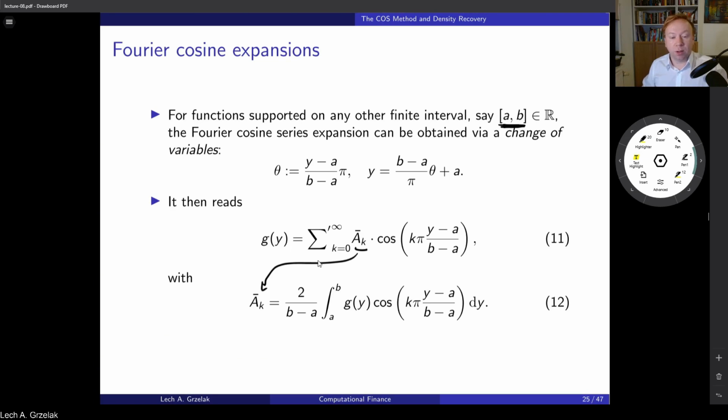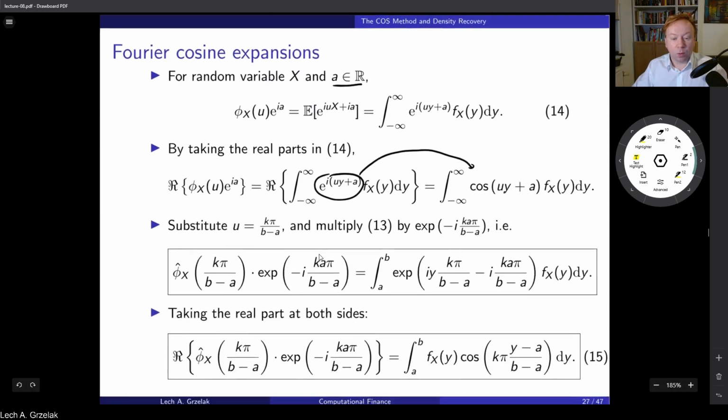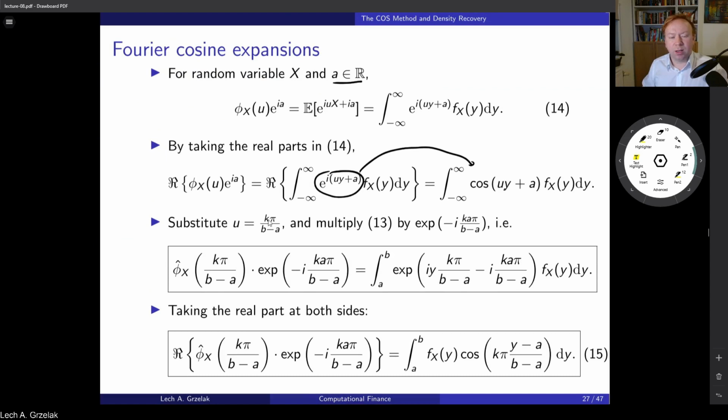However, once we do the substitutions, which I let you look at in detail in the book, for example, you will see that the recovery of the density also involves integration of the density. This is exactly the same as we have seen in the definition of the Fourier series.